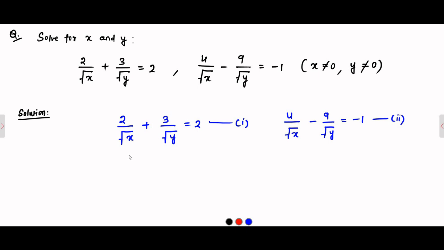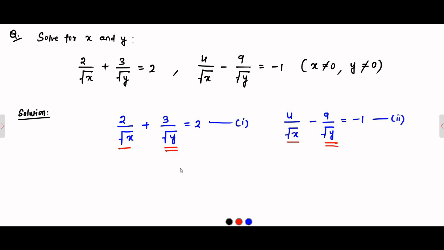So if you see, here we have root x in the denominator, here also root x in the denominator, here you have root y in the denominator, here also root y in the denominator. So the same variables in the same format, square root of the same variables in the denominator.